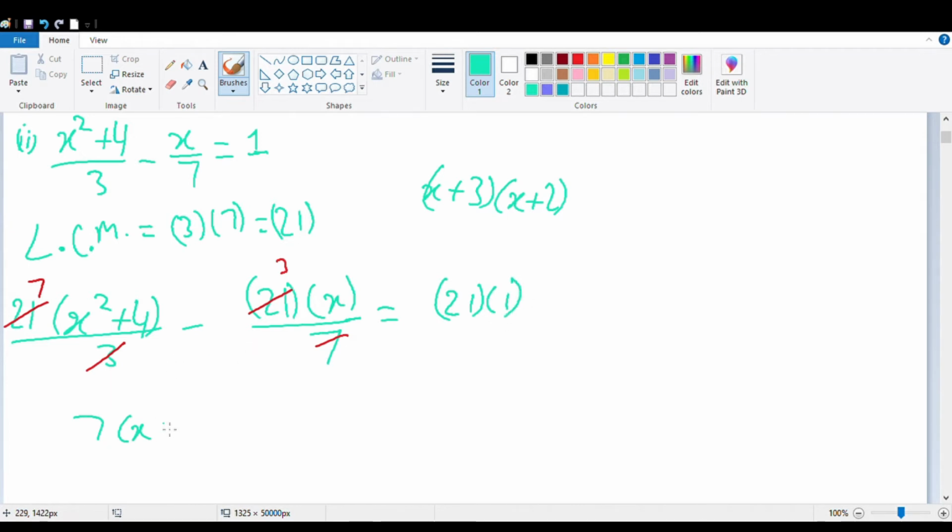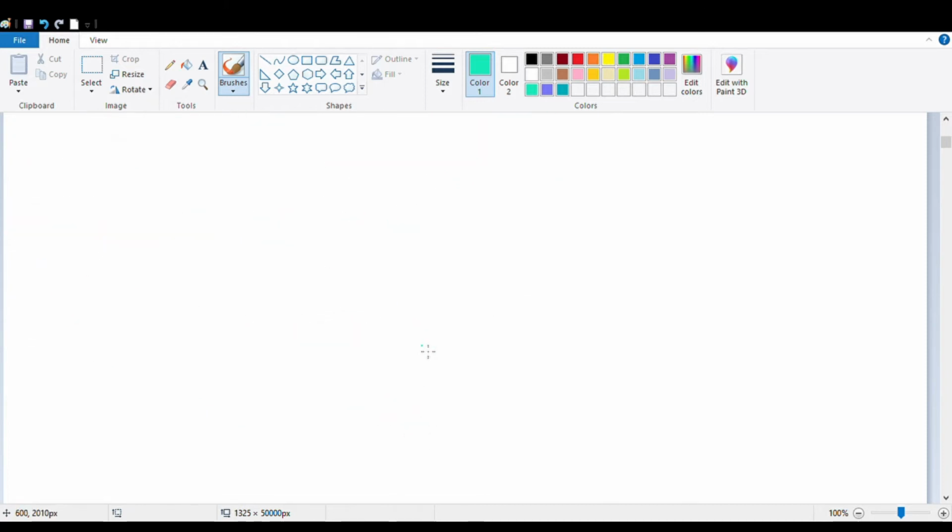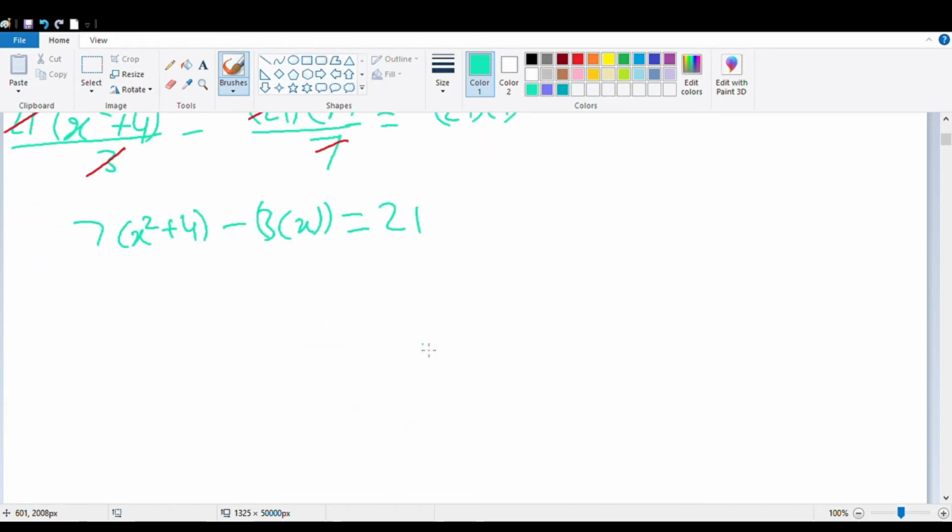So we get 7 into x squared plus 4 minus 3 into x is equal to 21. So 7 into x squared is 7x squared, 7 into 4 is 28, and 3 into x is 3x, and there's a negative sign right here, so we're going to multiply that, and we get negative 3x.